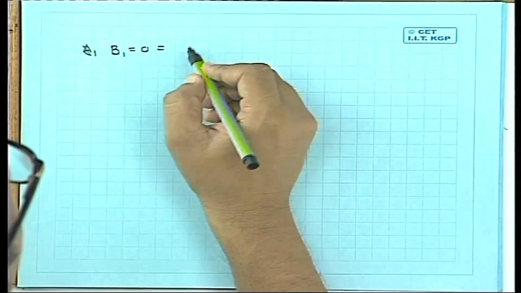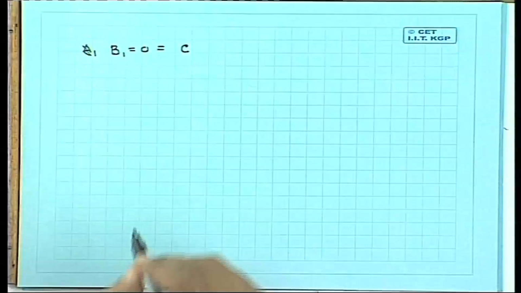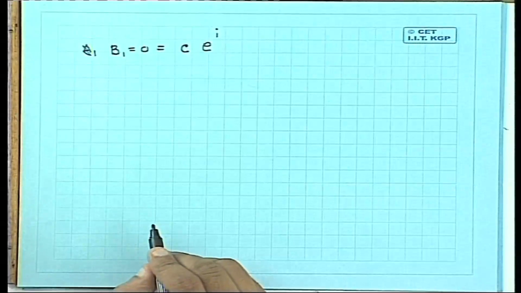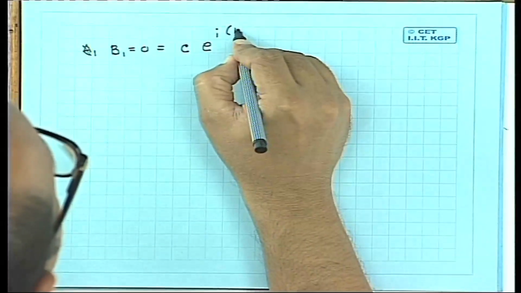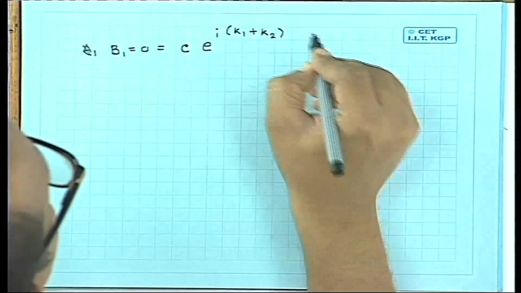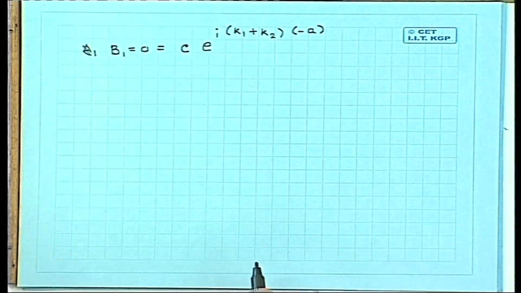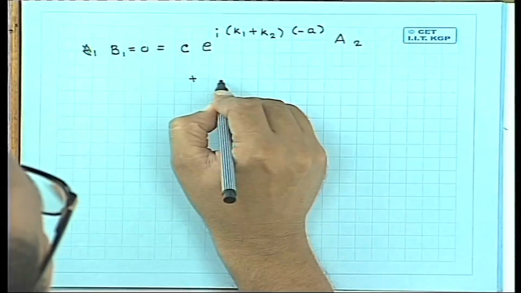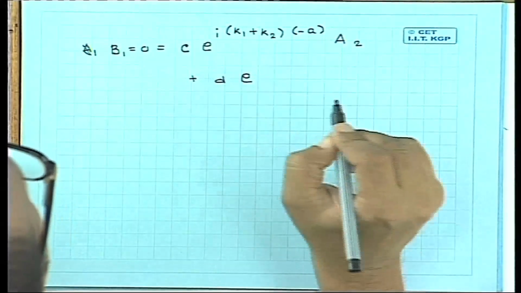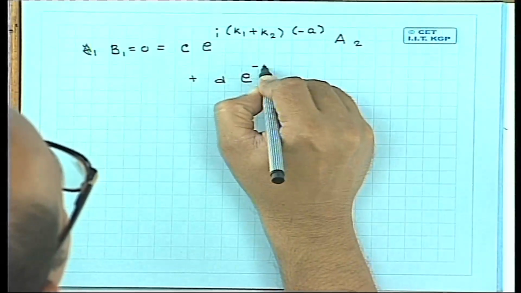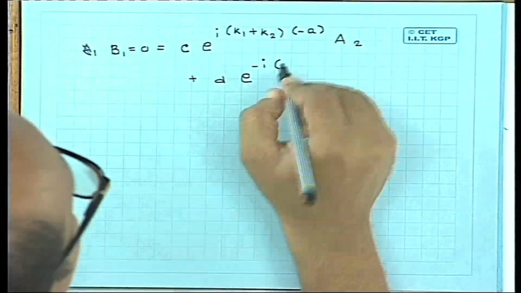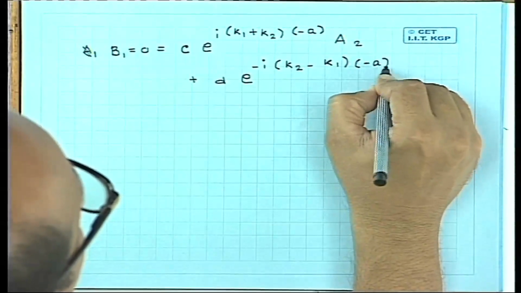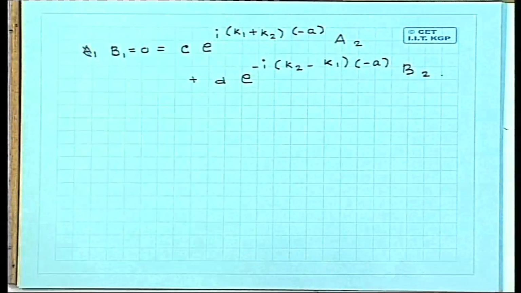This is equal to C into e to the power I delta 2, where delta 2 is K1 plus K2 at the point minus A, into A2, plus D e to the power minus I delta 1, where delta 1 is K2 minus K1 into minus A, B2.